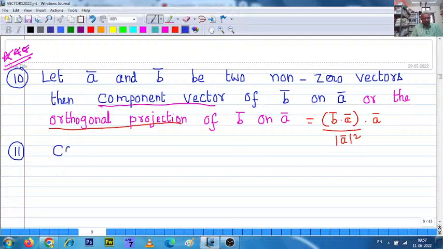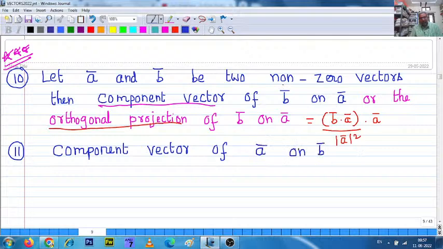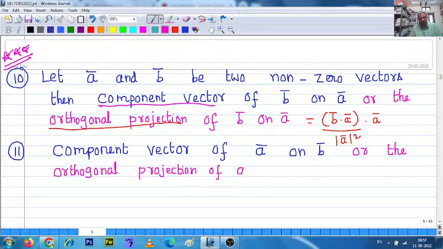The component vector of A bar on B bar, or we can write, the orthogonal projection of A bar on B bar is equal to. So what do you write?